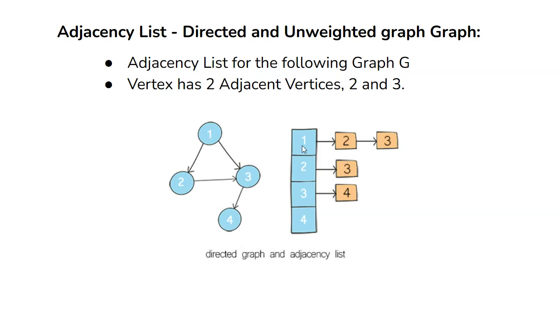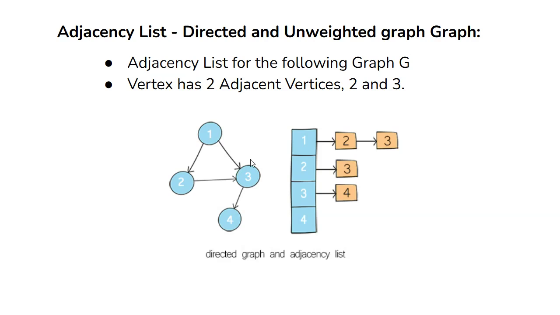So the adjacent nodes of 1 are 2 and 3, which are stored in a separate list, again connected to the main node. So 1 has its own adjacent nodes 2 and 3, but the adjacent of 2 and 3 is not 1, because a directed edge is there, and so on.